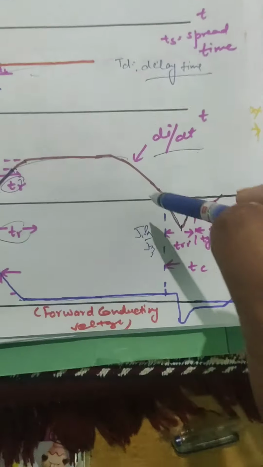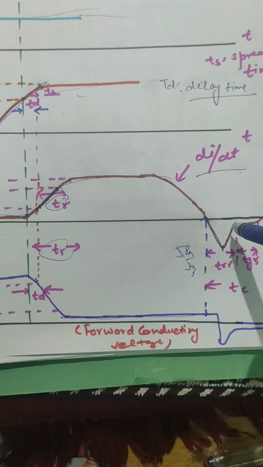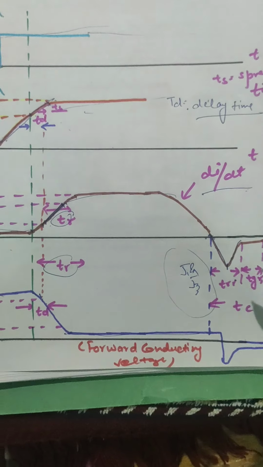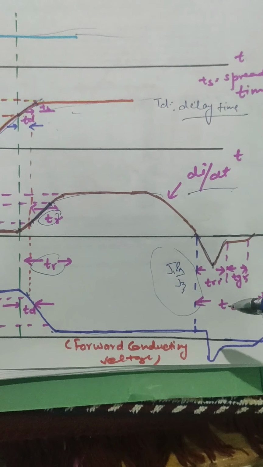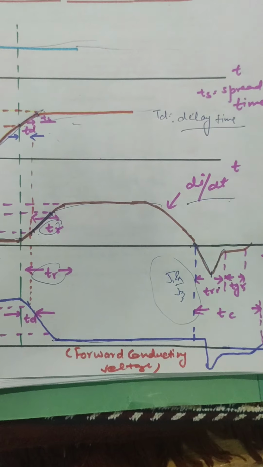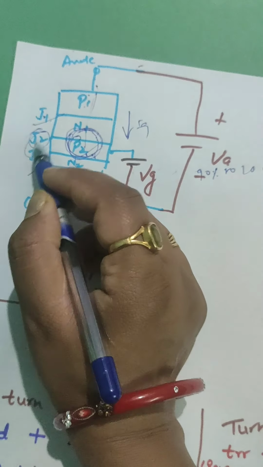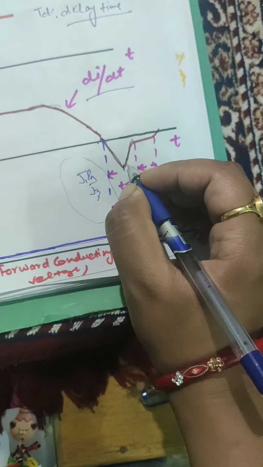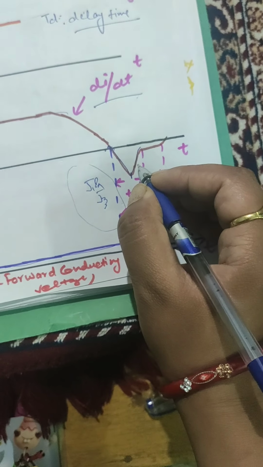This negative current flows due to the charge carriers of junctions J1 and J3, the anode to cathode junctions. After removing the J1 and J3 charge carriers, some charge carriers remain at J2, so some current is still there.